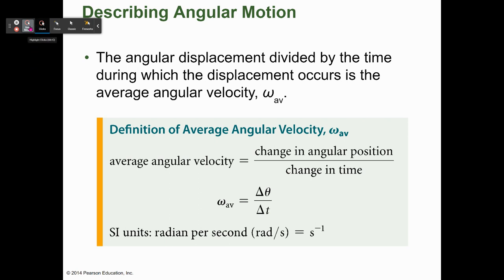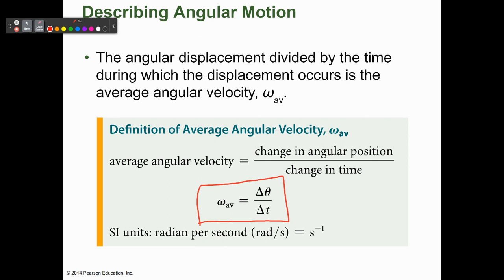All right, so here is another one of our formulas that you're going to need to make sure that you know how to use. This is the formula for angular velocity. Remember that linear velocity is just displacement over time. Well, the same thing here.